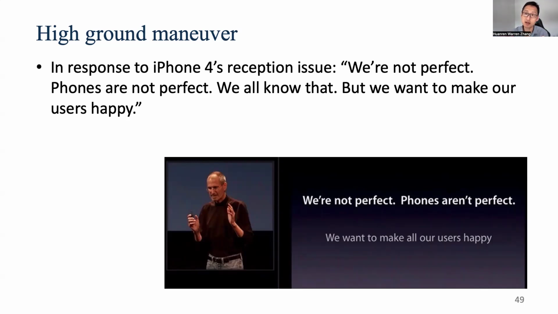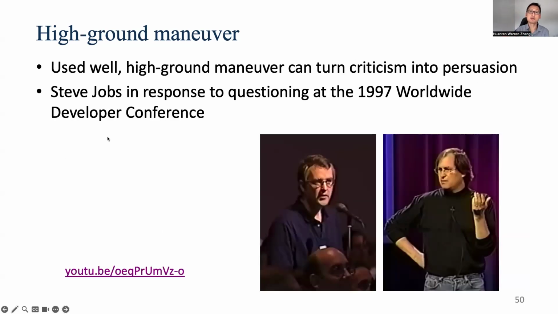But once you have changed the focus of the users from there are faulty iPhones to we are a company that tries our best to make our users happy, I mean, you actually shift the users' focus to the mission or the value of the company, right? Used well, this high ground maneuver can turn criticism into persuasion.